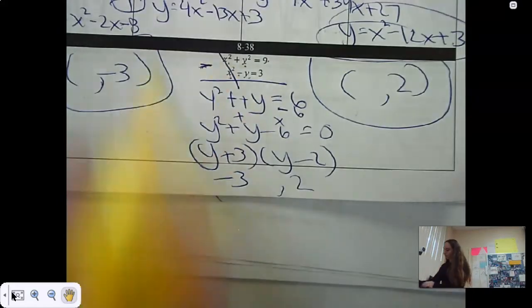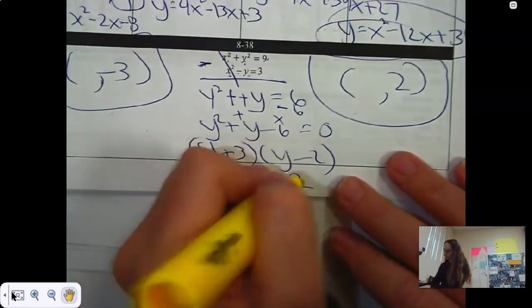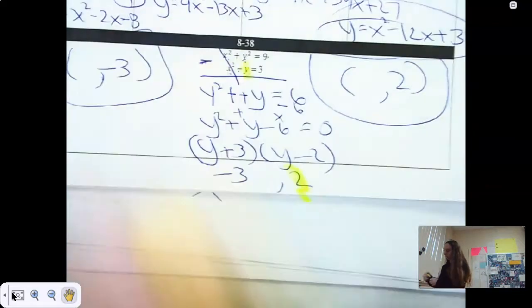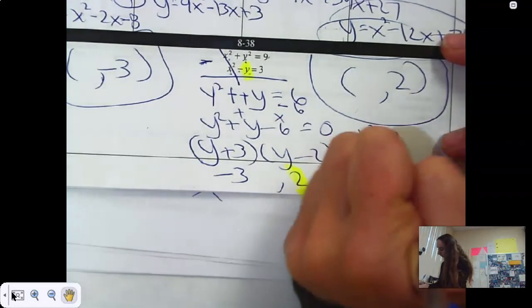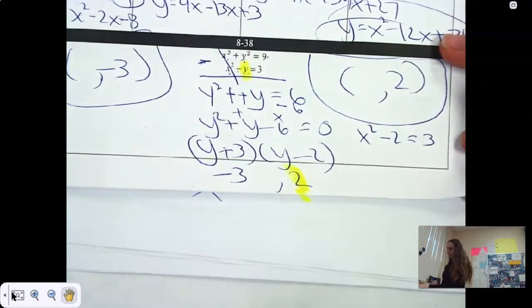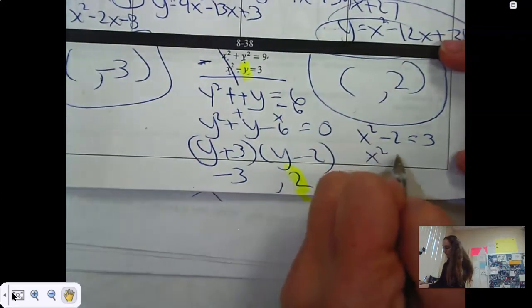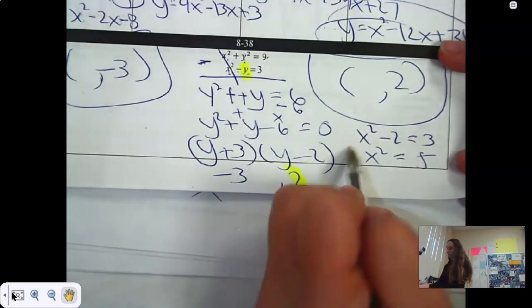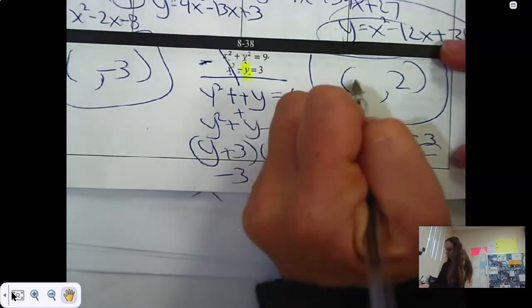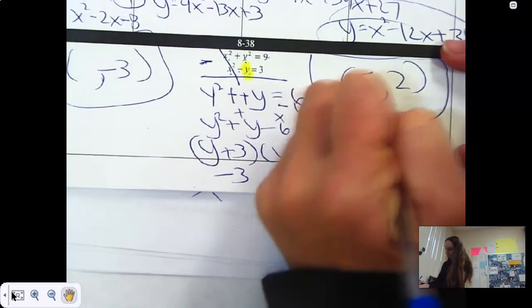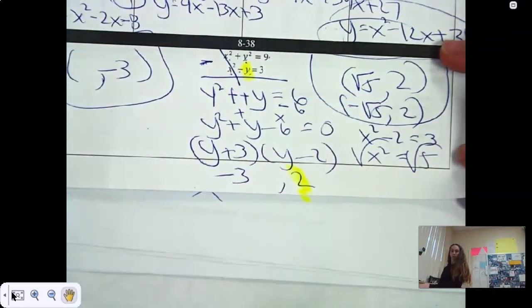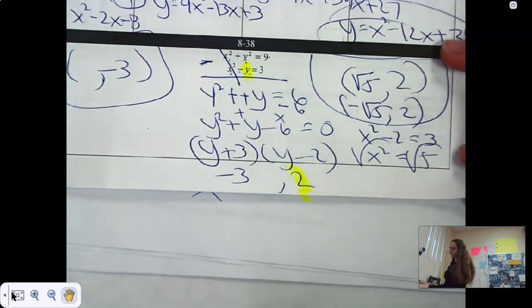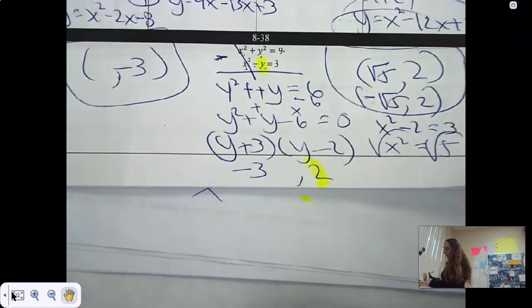So I take the y, plug it into either equation, so I can take the 2, plug it in for the second one if I feel like it. X squared minus 2 equals 3. Add 2 to both sides. X squared equals 5. Square root. Then that means your answer is going to be rad 5 or negative rad 5. If I did that right, I think I did. And then I plug in negative 3.